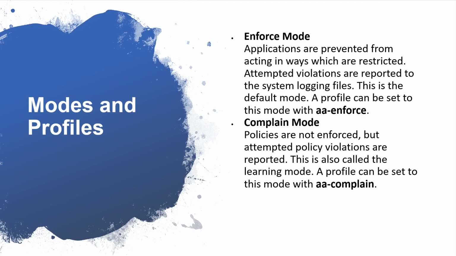Attempted violations are reported to the system logging files. This is the default mode. A profile can be set to this mode with aa-enforce. Complain mode: policies are not enforced, but attempted policy violations are reported. This is also called the learning mode. A profile can be set to this mode with aa-complain.